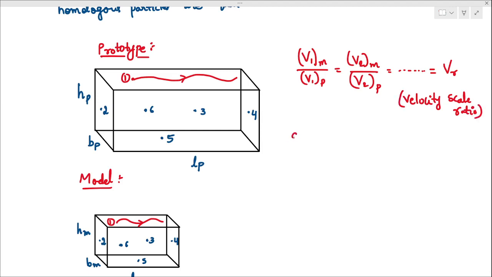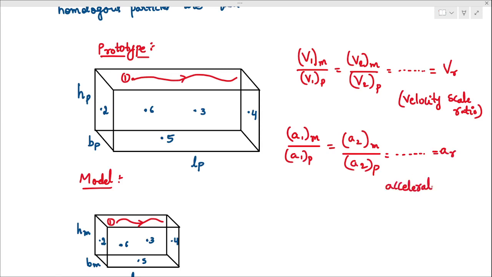Next, in the same way, acceleration at point 1 in the model divided by acceleration at point 1 in the prototype should equal acceleration at point 2 in the model divided by acceleration at point 2 in the prototype, which is equal to the acceleration scale ratio.